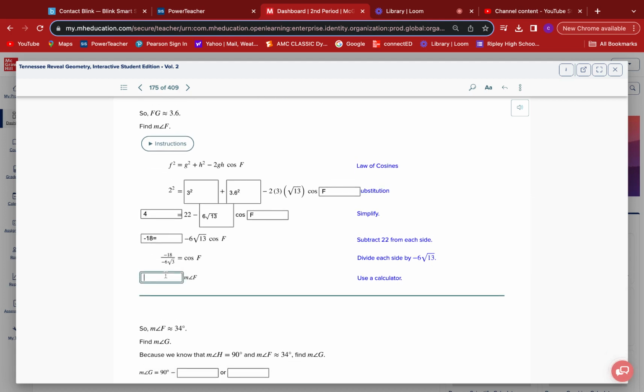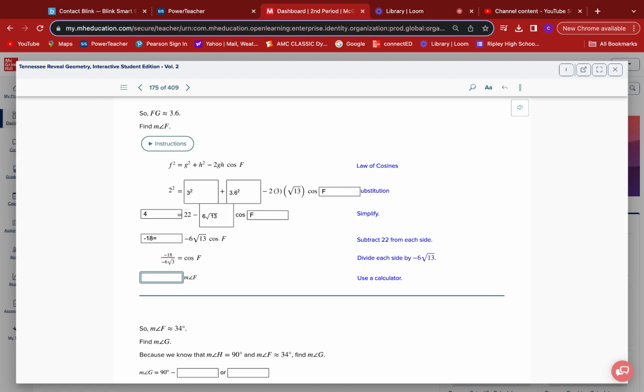Inverse of this stuff. So inverse cosine of negative 18 divided by negative 6 square root of 13.